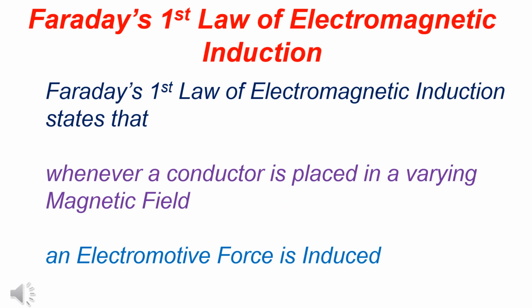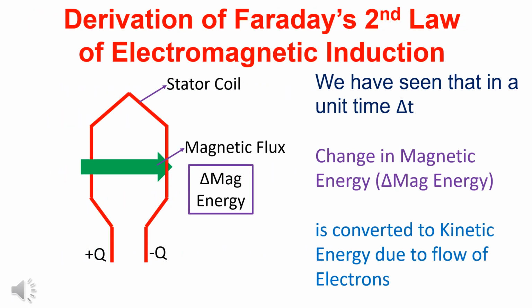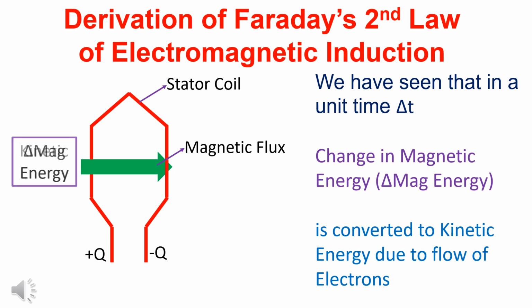It states that a varying magnetic field induces an EMF in a conductor, and when the circuit is closed, an induced current flows through it. We have seen that a change in magnetic energy is converted into kinetic energy.